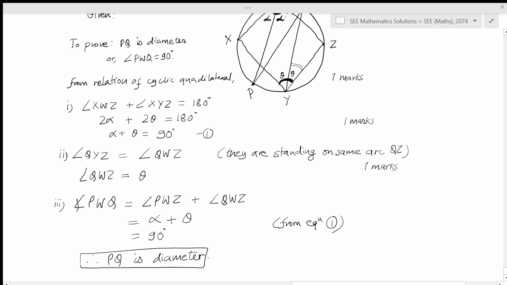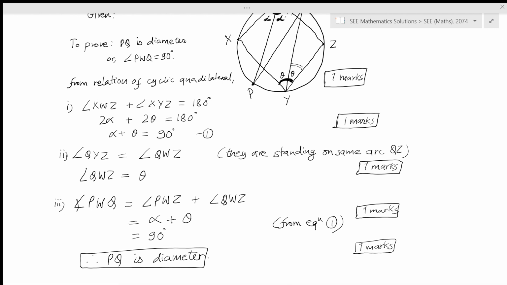The fourth is where you combined all these, and finally 1 mark where you proved whatever was asked. So this is how the marks will be distributed, and for each step you will get marks. Even if you do one step wrong and the other steps right, you will still get the marks for the steps that you have done right.